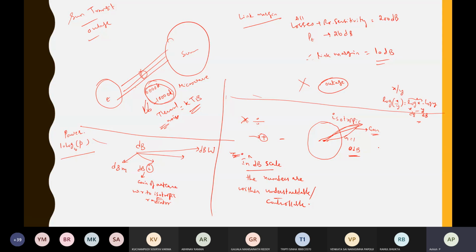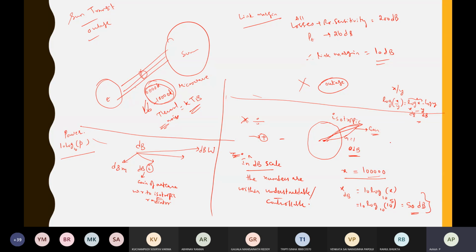In general, if you have a value of 1 lakh, so x is equal to 1 lakh, this seems to be a very big number. If you just apply dB, it becomes 10 log base 10 of x. x is 10 power 5, so this 5 will come outside, and it is 50 dB. So it's not so intimidating or overwhelming.